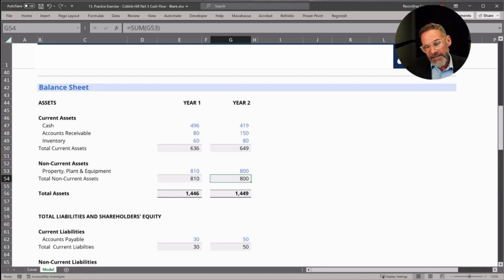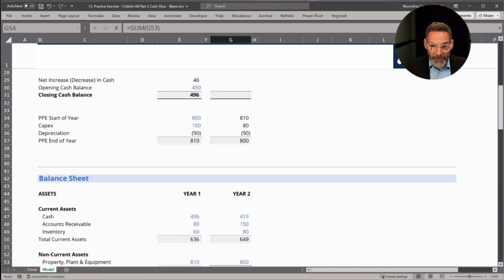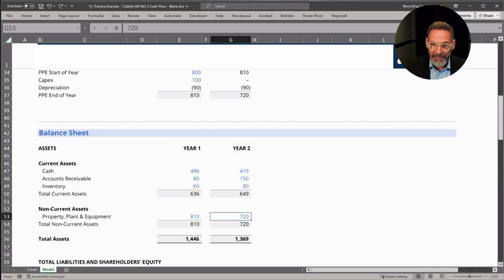What that means is we have to think about what that would mean for CapEx. If we go to our formula, you can see now a number in CapEx. What we're saying is that there had to be 80 spent on new property, plant, and equipment for this equation to hold. So let me just do Control Z to undo that.